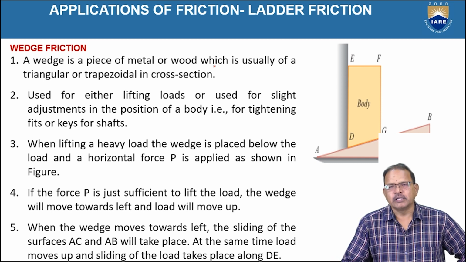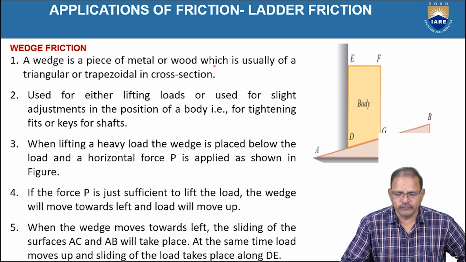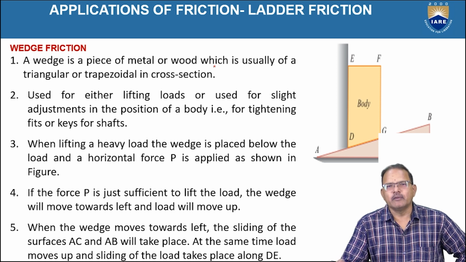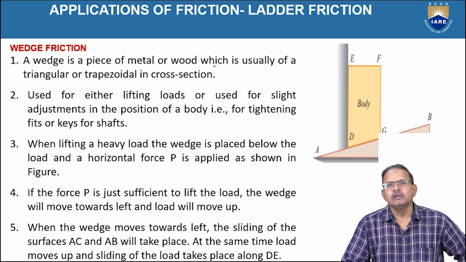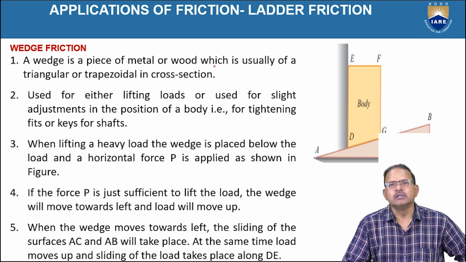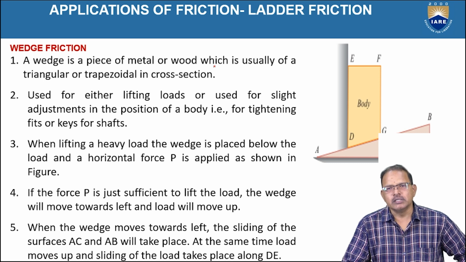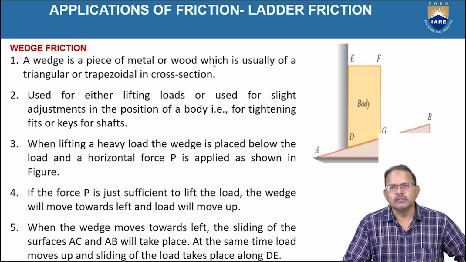Okay, application of friction in wedges. A wedge is a small piece in the form of a triangular or trapezoidal section. It is made of wood or a piece of metal. The main application of the wedge in industries is to lift heavy loads through small distances, for making adjustments in assembling parts.